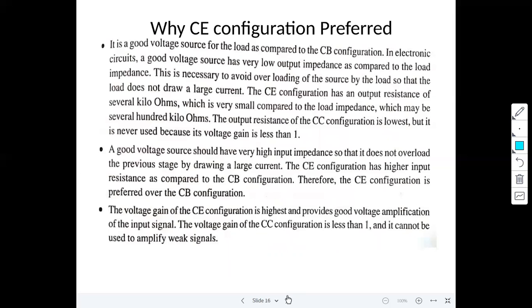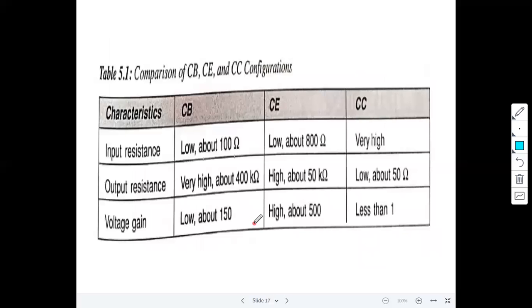And coming to why CE configuration is preferred. Among all these configurations, CE configuration is preferred, right? The conclusion: simply observe here. Whenever we analyze the amplifier circuit, only then can we easily understand why CE configuration is preferred. Why?